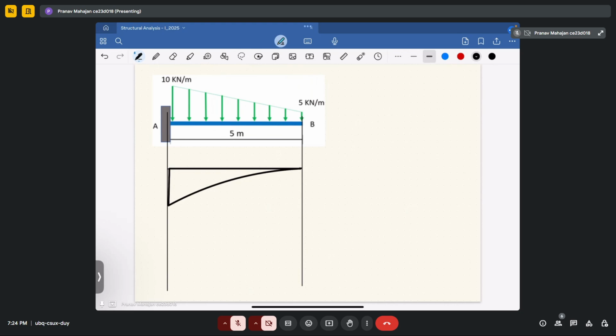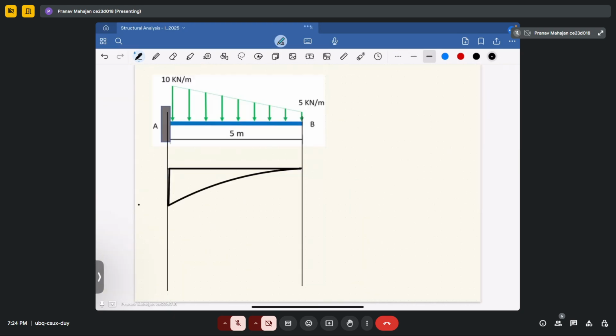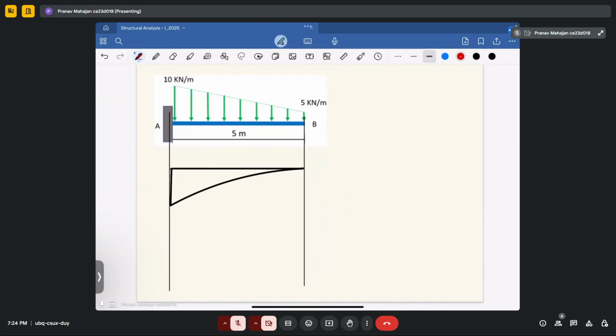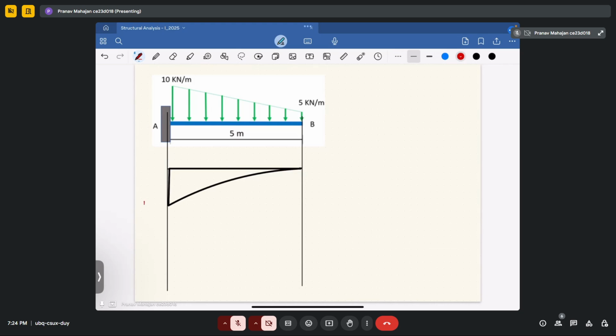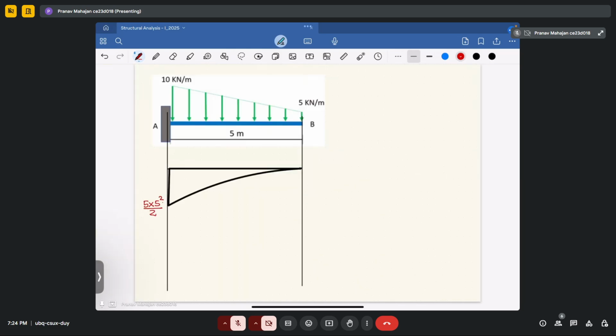And in this case, if we put H equal to 5, the value will come out as W is 5 into 5 square upon 2. That means it will be equal to 125 upon 2 EI. This is for UDL, the 2nd-degree curve.